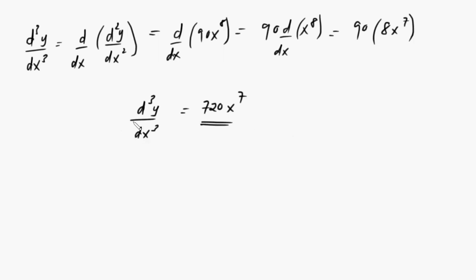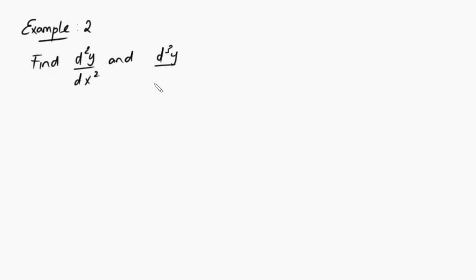Now let's see another example, okay? Yeah, hizi higher derivative. I call this now example 2. So example 2, it says find, again we have the second derivative and the third derivative.